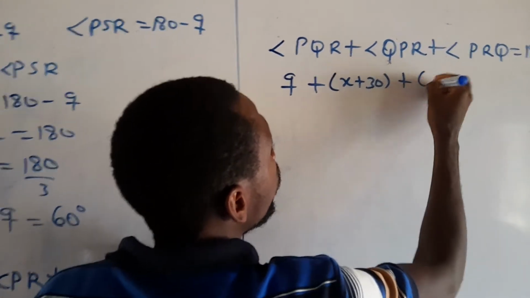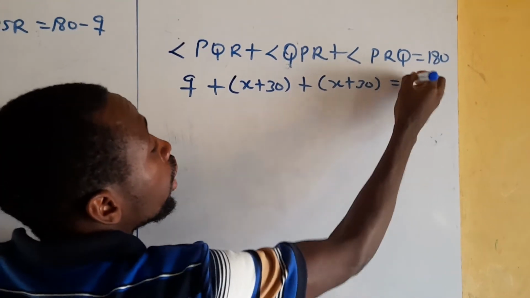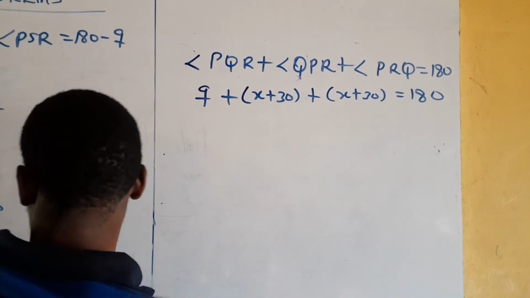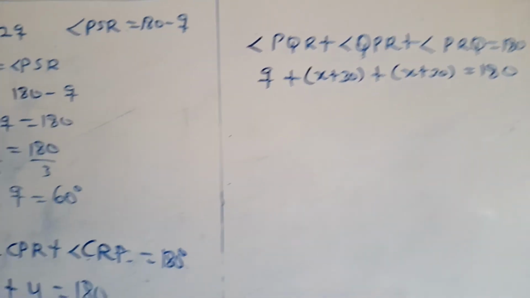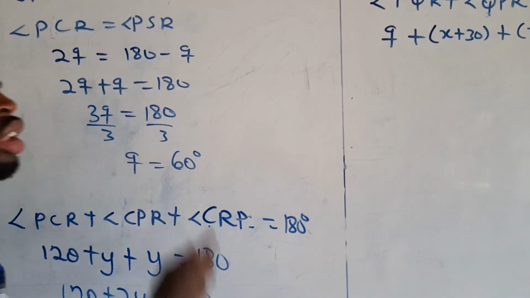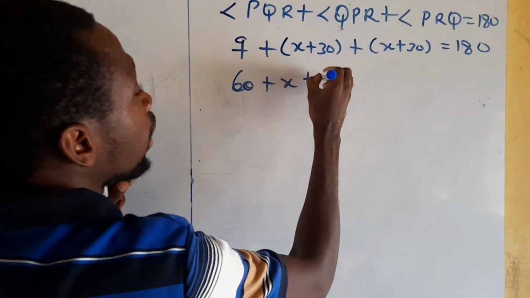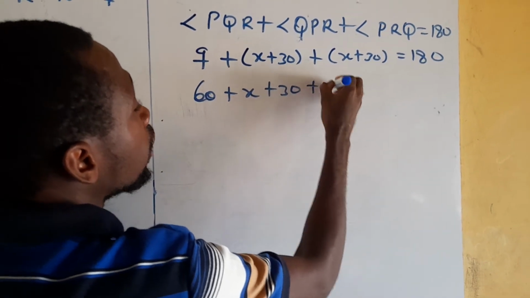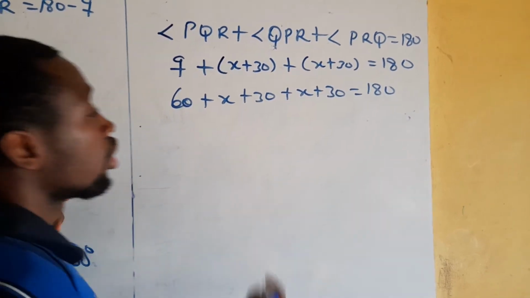Then PRQ is also x plus 30 will be equal to 180 degrees. So what's our Q? We find Q, look at it, to be 60. So we can say 60 plus x plus 30 plus x plus 30 will be equal to 180 degrees.